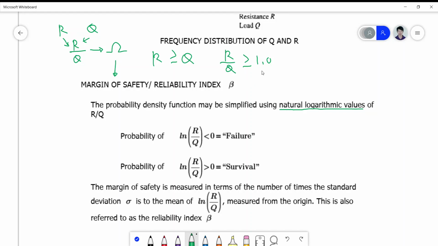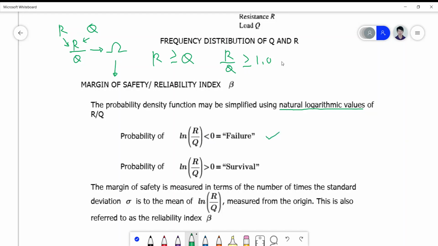Okay, and instead of having a limit of 1.0, we have a limit of 0 here, and instead of having a sign of greater than, we make use of a less than to indicate failure.